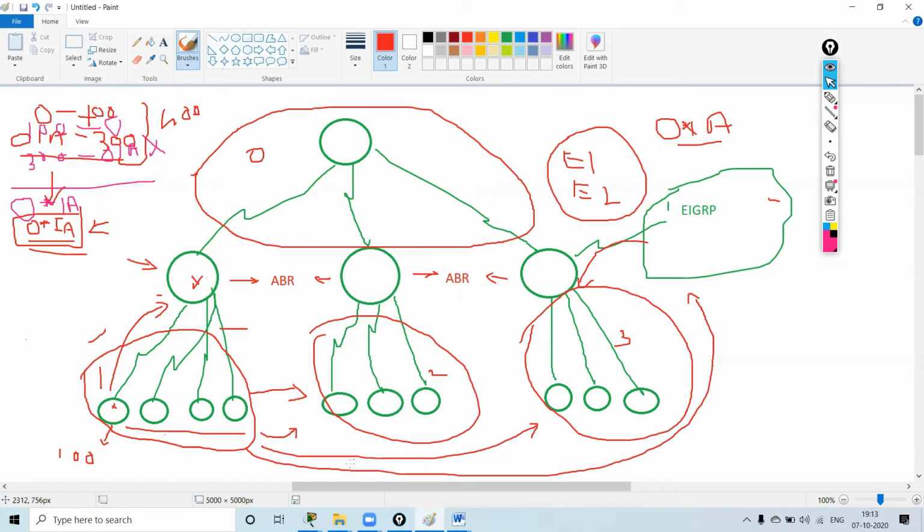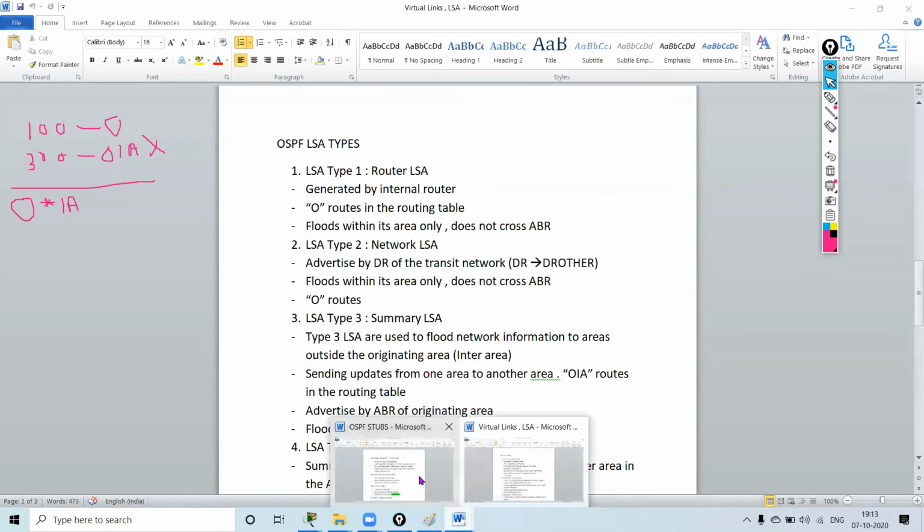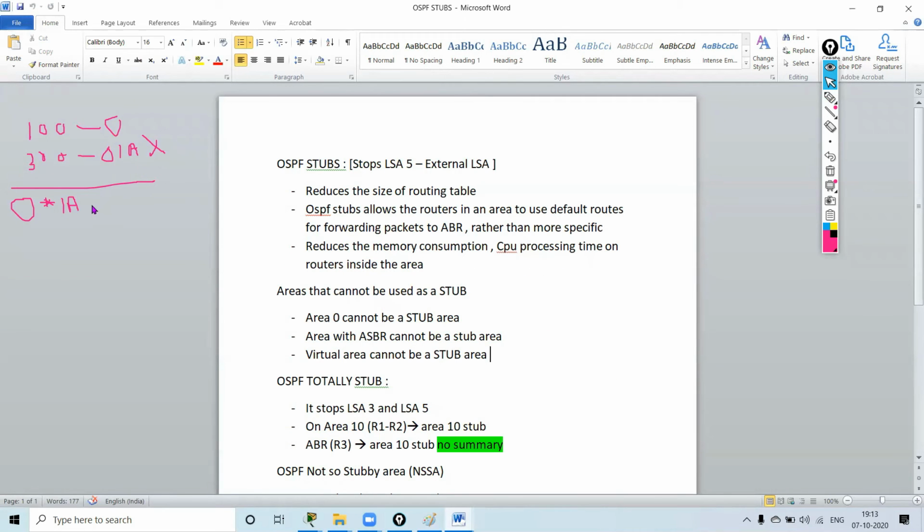So instead of these 300 routes, instead of all E1 or E2 routes and OIA routes, I'll be having only one single default route. So how many are remaining? 100. Now my routing table is of 100 lines only. I'm having only the within-the-area routes.